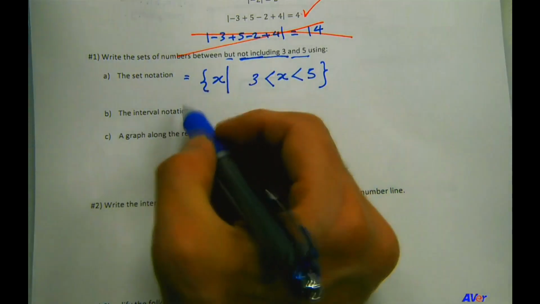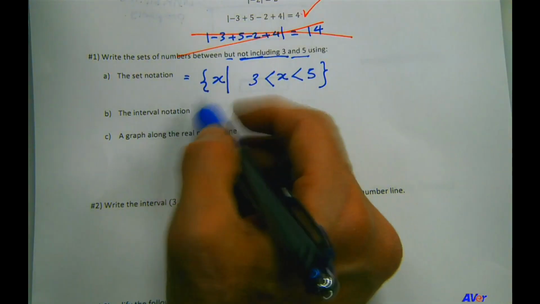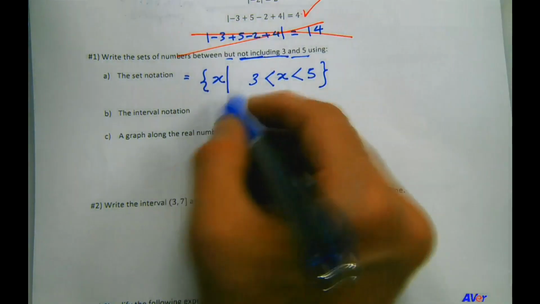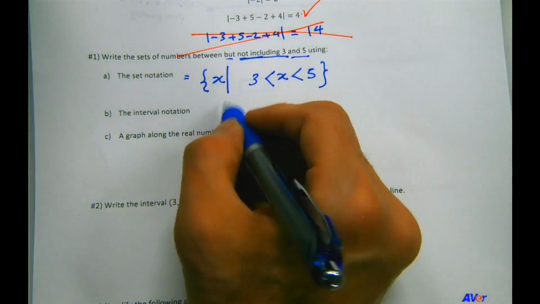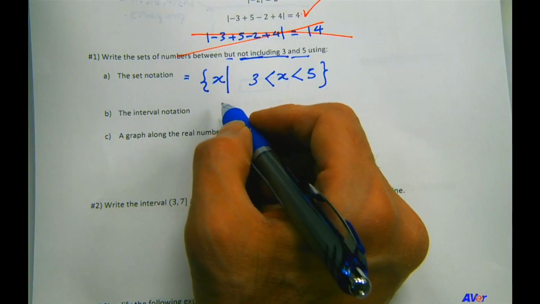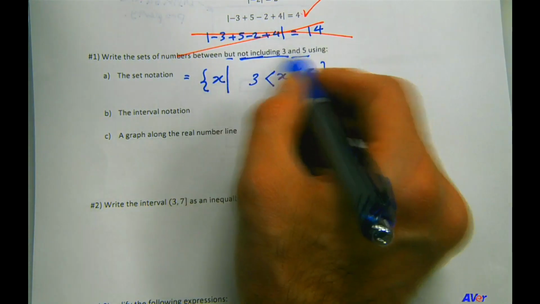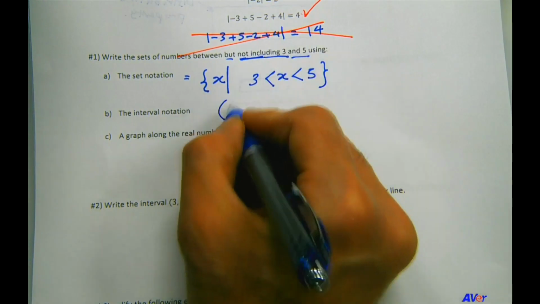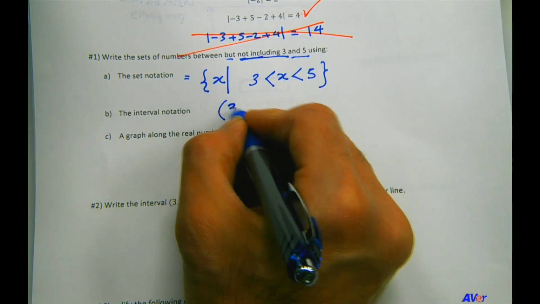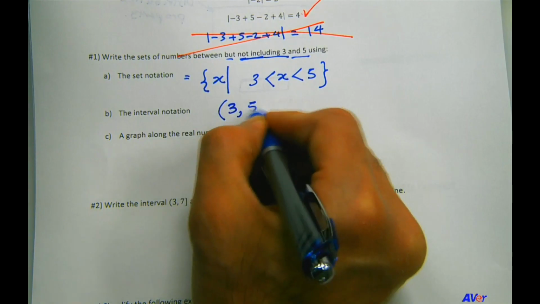So the interval notation. I'm sure you've seen this before, it involves either brackets or parentheses. Because 3 and 5 are not included, we open with parenthesis, 3, comma, 5.